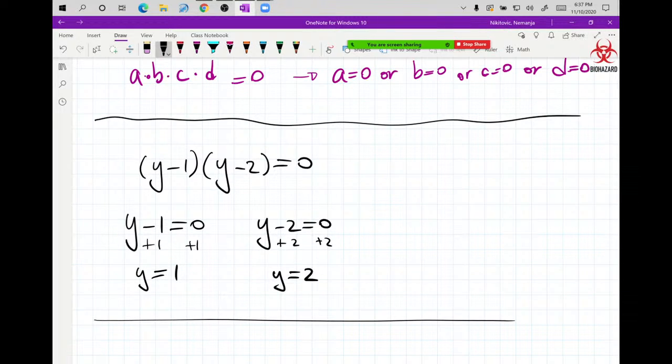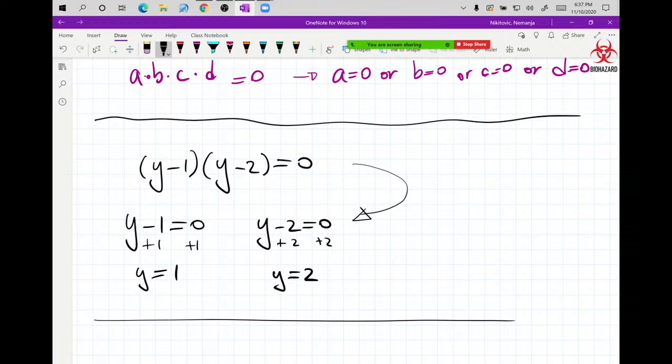So the zero product rule is when you go from this step to this step, where you break apart these factors and each factor gets its own equation.